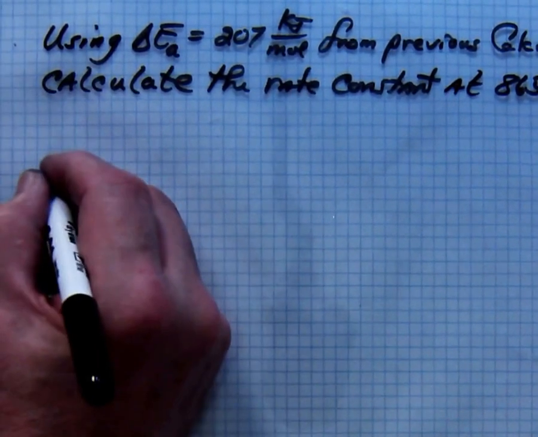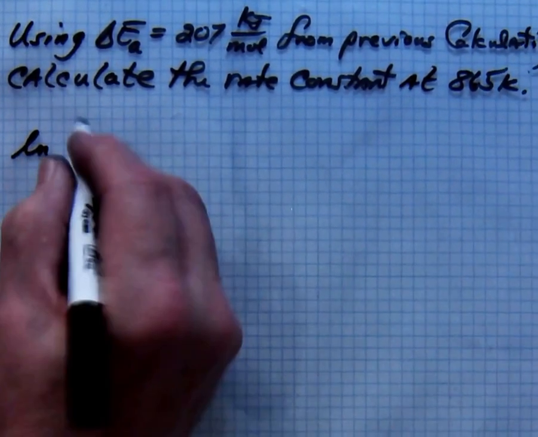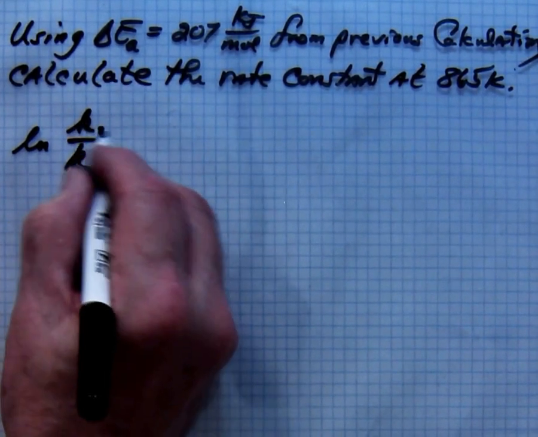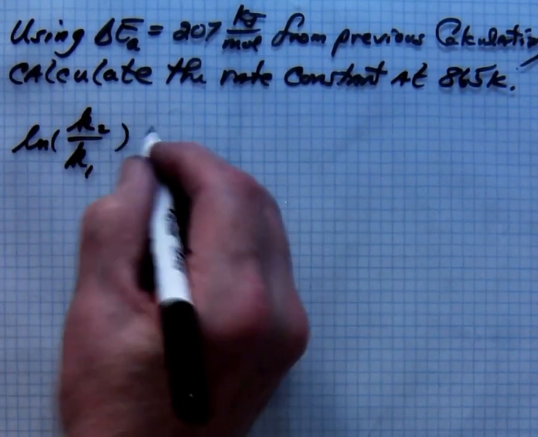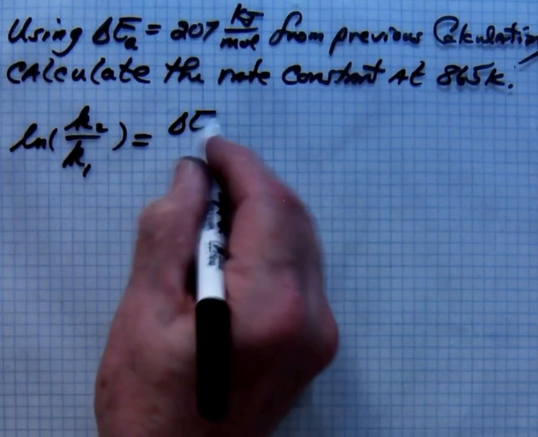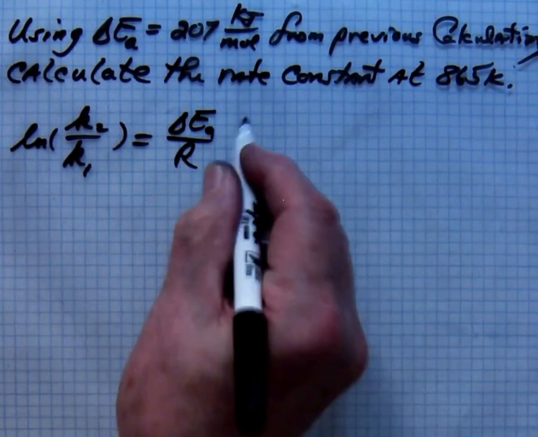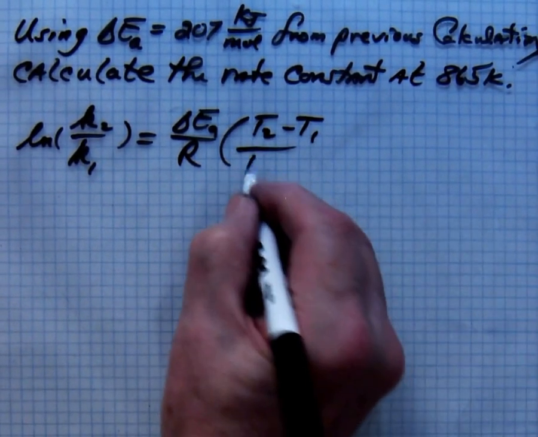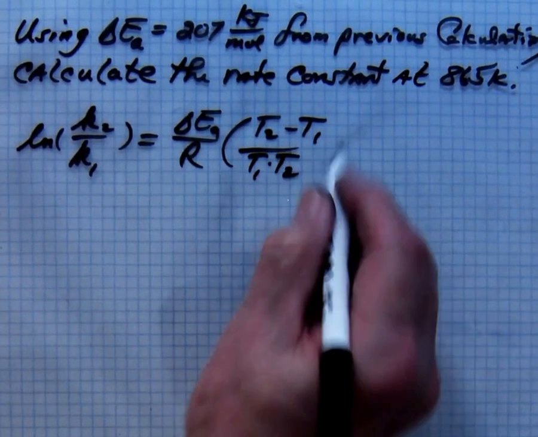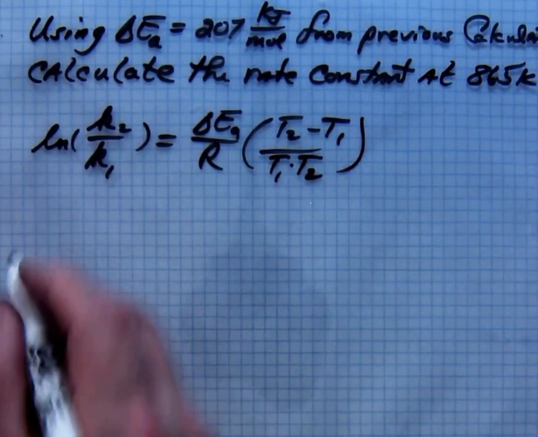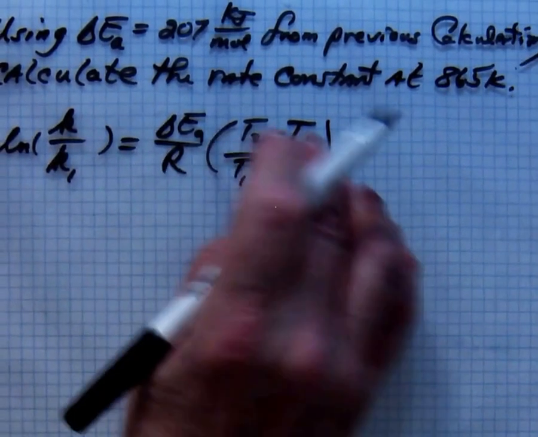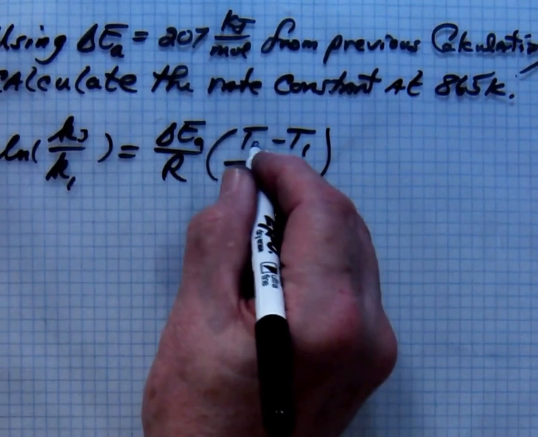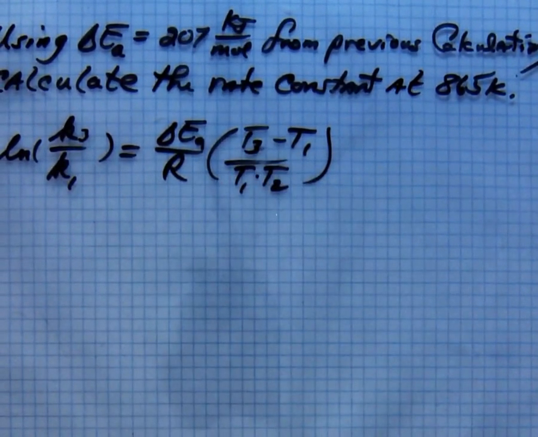Well, from the Arrhenius expression or equation, we have a K3. My apologies. Let's call that K3 instead of K2.